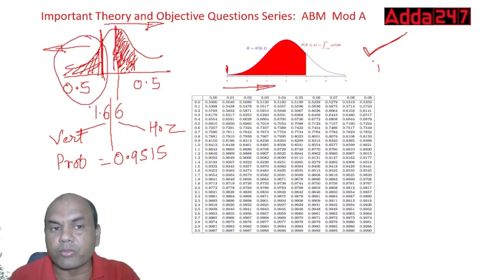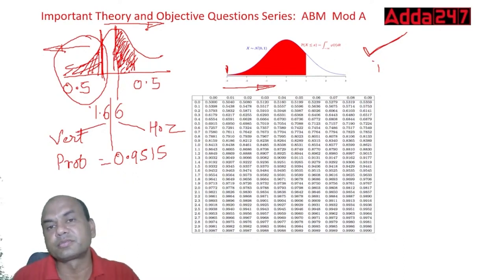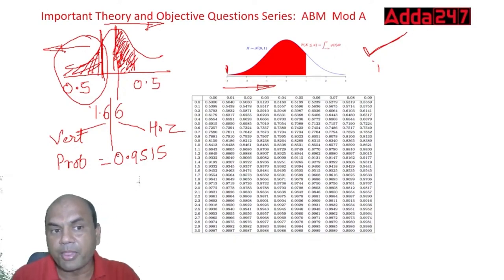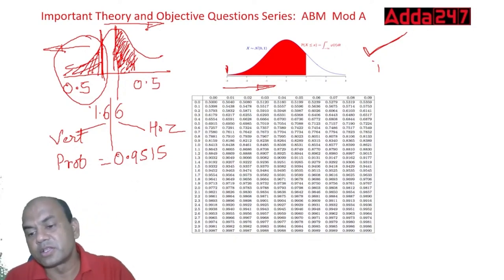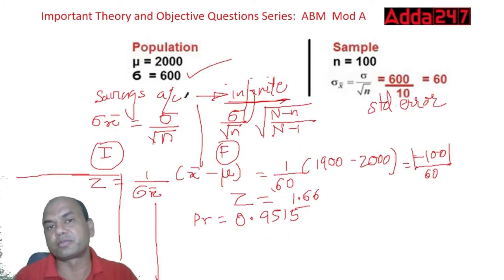And what have I got? 0.9515 is the answer which I've got. It means this area only I've got. So my answer over here is luckily the same, 0.9515, because I'm counting from the left side and I've got the area of the left side only. So that's why my probability over here is 0.9515.